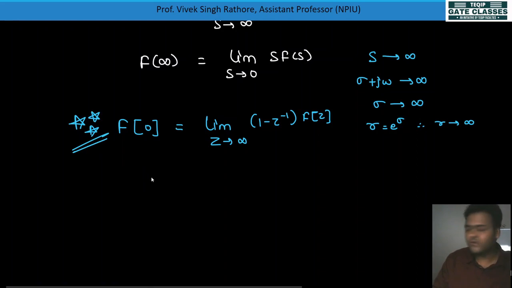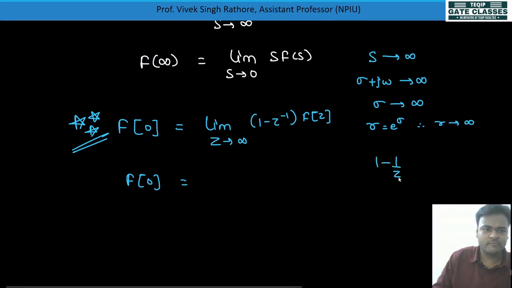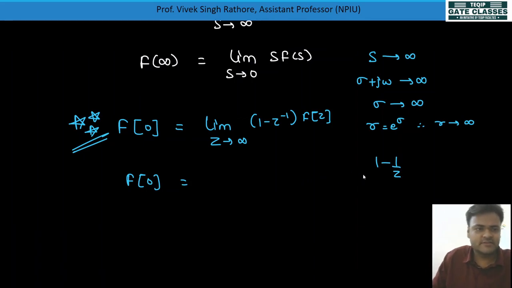It can also be calculated by another expression. 1 minus z inverse means 1 minus 1 by z. If you keep z as infinity, you get 1 minus 0, which is 1 only.